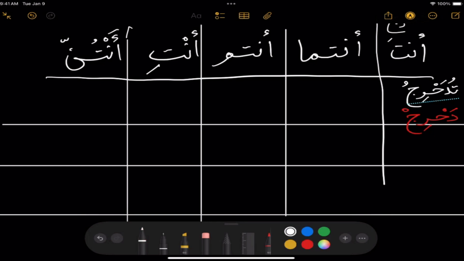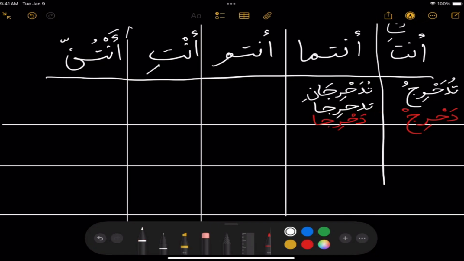And the mudari' verb would have been antuma tudahrijani. And if you were to make that majzoom, it would become lam tudahrija. So then to make the command, you're going to just remove the mudari' letter. And since there's a vowel after the mudari' letter, all you have to do is bring the rest of the verb like it's majzoom. So you're just going to say dahrija.